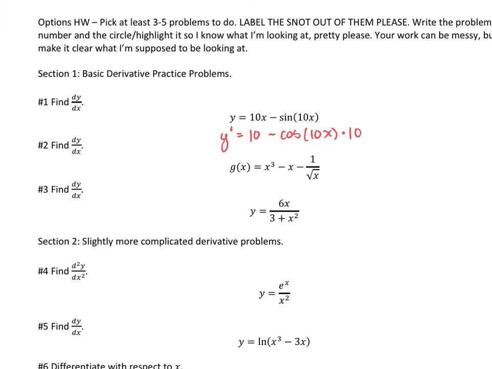So if you wanted to, totally equivalent, you could have 10 times 1 minus cosine of 10x. Should work just fine.